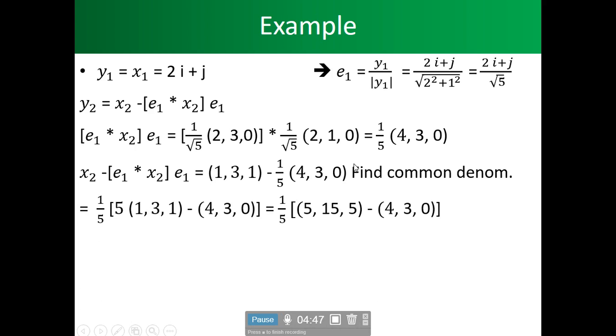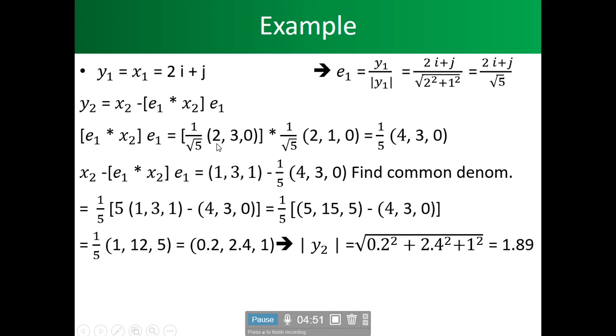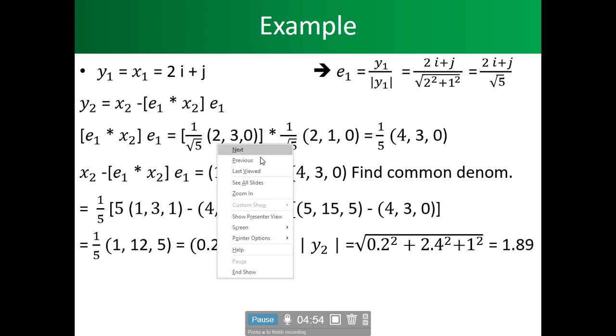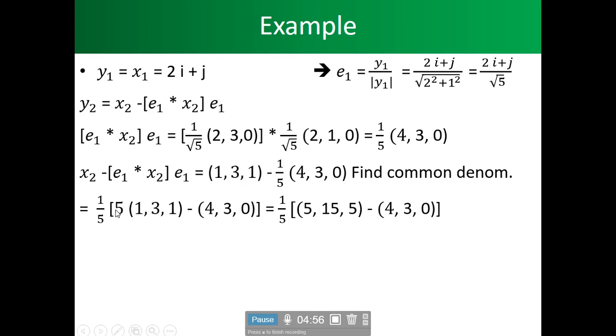We multiply this by 5 over 5 and bring the 1/5 all the way out front so it doesn't block anything. Now we multiply 5 times everything: 5 times 1 is 5, 5 times 3 is 15, 5 times 1 is 5.